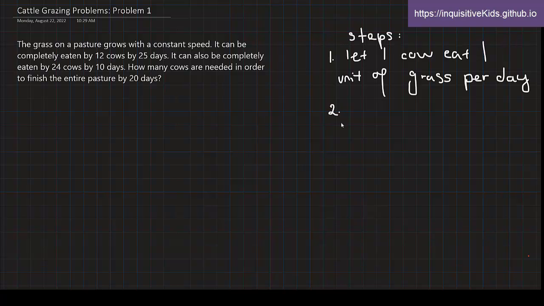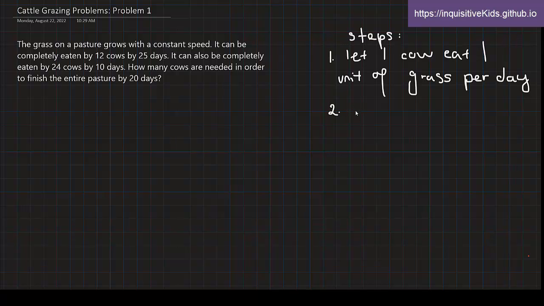And our next one is we have to find the amount of grass that grows every day. Remember, it grows at a constant speed. So even if you eat half of the pasture today, the next day you have to eat, say, maybe 3/4 of the pasture again because there is new grass growing as you eat.